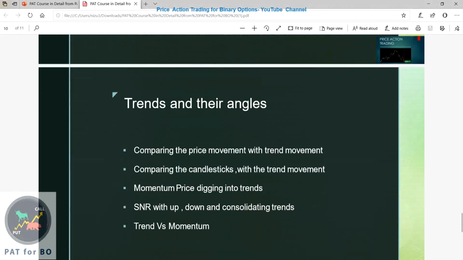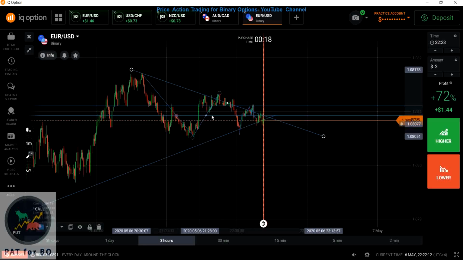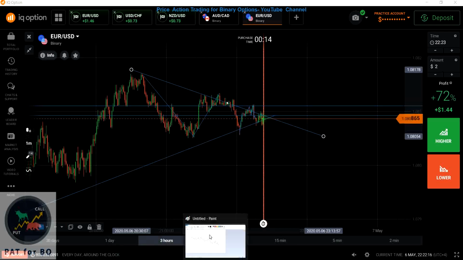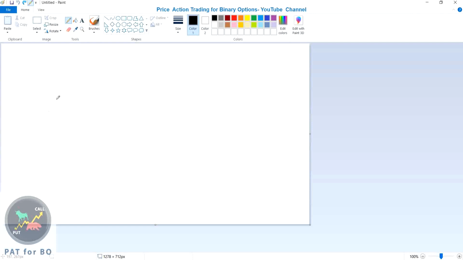Let's see, comparing the price movement with the trend. As I told you, your price movement is a zigzag movement. Let me show you in this diagram. Once you understand that one candle, two candles, three candles have started going like this, and your major or minor trend has started going like this, your trend, your baseline, and your candles are moving in that direction, that means you can take a trade in the direction of the trend.